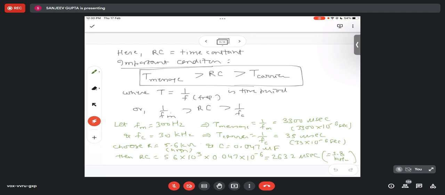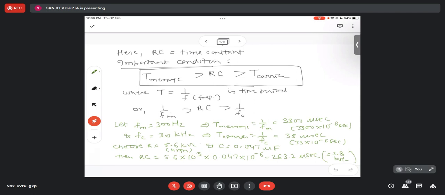The important condition which should be matched here is that your message time period, because message signal is a frequency, so there is a corresponding time period for that, must be greater than the RC, which is also a time constant, and it must be greater than the time constant of the carrier. Obviously, we know that the frequency of the carrier is highest and the frequency of the message is lowest.